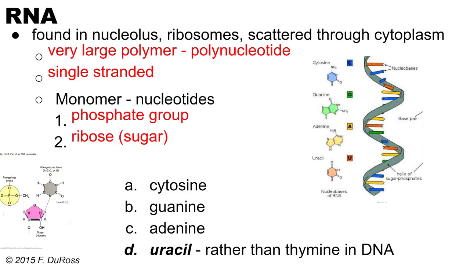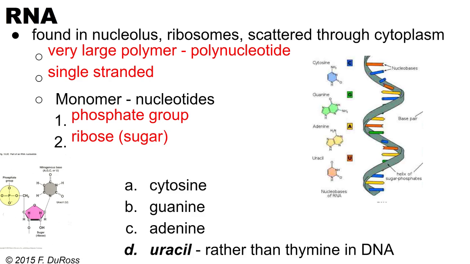And you'll notice the bases are similar: cytosine, guanine, adenine, but there is a difference. There is a base called uracil. It's in place of the base thymine. So there's no T in RNA, but there's a U instead. U for uracil. We also notice RNA only has one side to it, one strand.